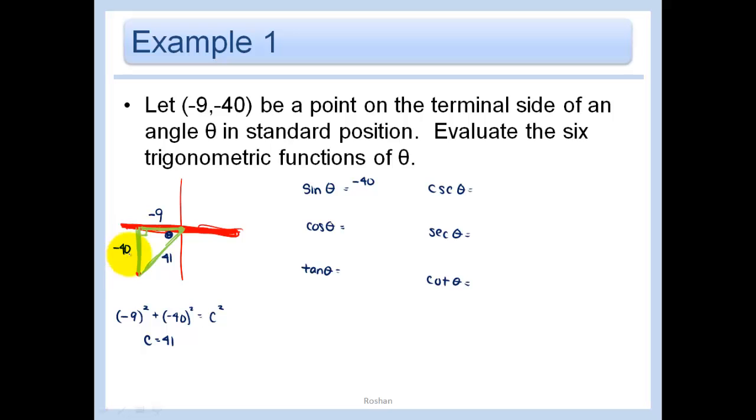So you see why I want you to put the signs there? -40 over 41. Cosine is -9 over 41. Tangent, opposite, negative 40 over adjacent, negative 9, and that's 40 over 9. Flip all these things, we get negative 41 over 40, we get negative 41 over 9, and then we get 9 over 40.